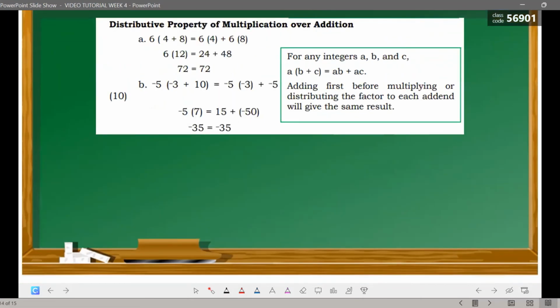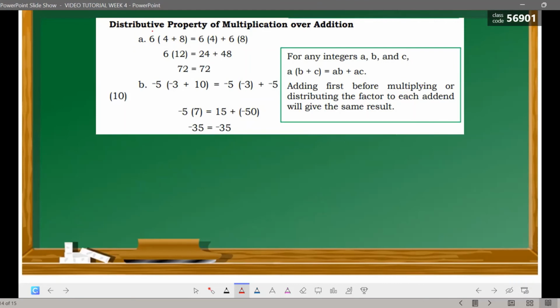Distributive property of multiplication over addition. Okay, so for any integers a, b, and c, a times the quantity of b plus c is equal to a times b plus a times c. Adding first before multiplying or distributing the factor to each addend will give the same result. Okay. So let's have the example letter A. 6 times the quantity of 4 plus 8 is equal to 6 times 4 plus 6 times 8.